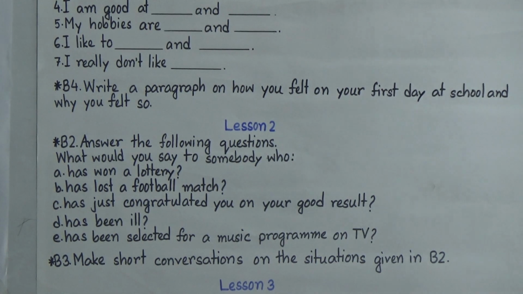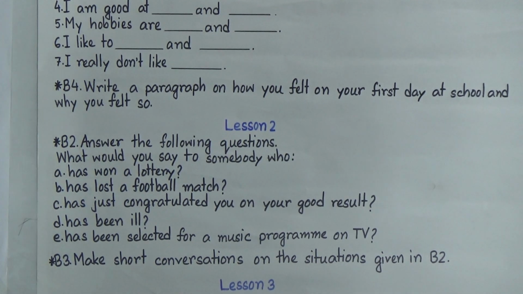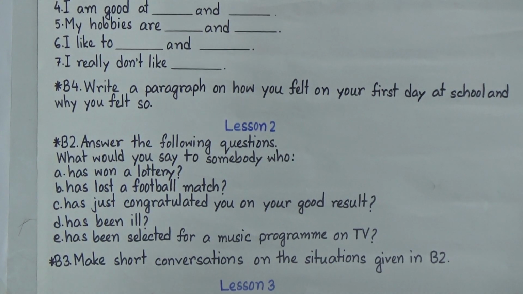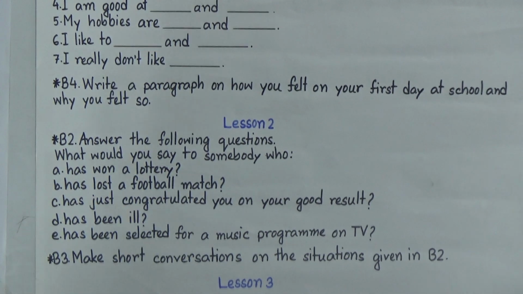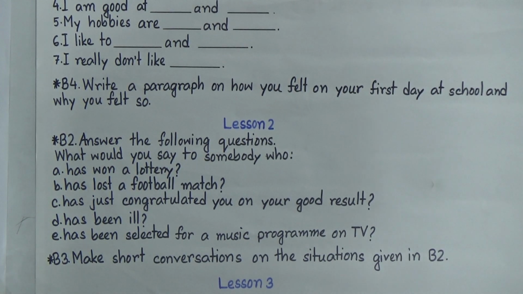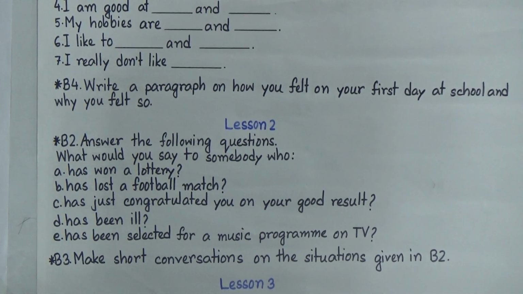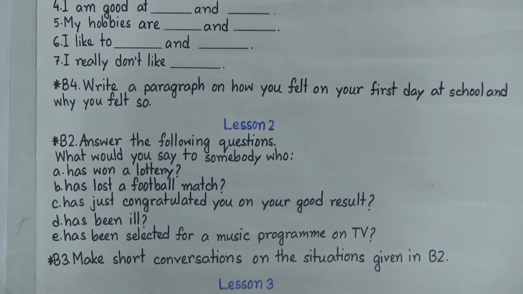Maybe you can feel happy or excited or nervous. So at first you will write it down, and then we will write why do you feel so. I mean, and then you will write about the feelings, what feelings, and why do you feel like this.